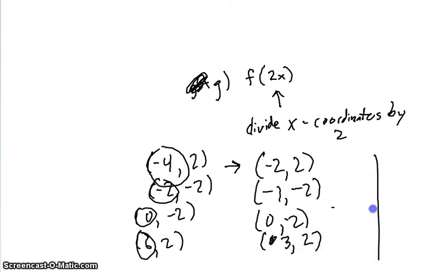In terms of a graph, it looks like this. So it's shrunk down horizontally.